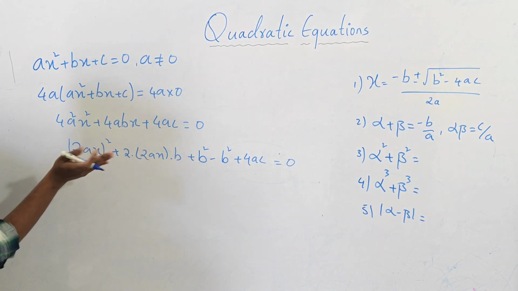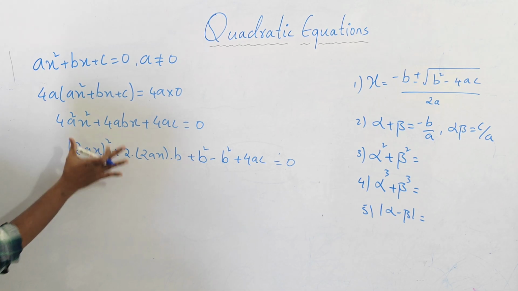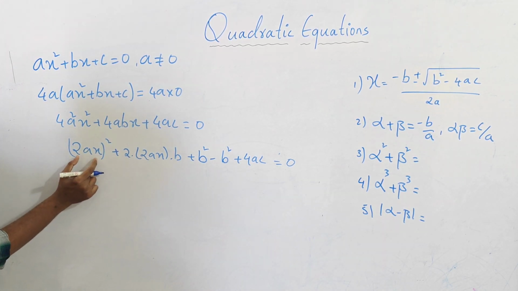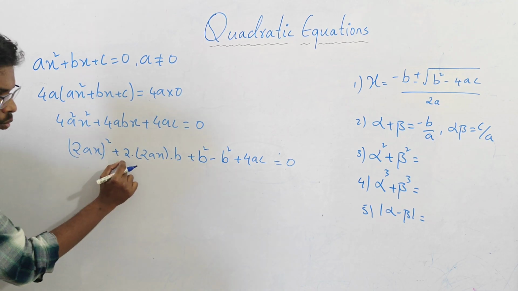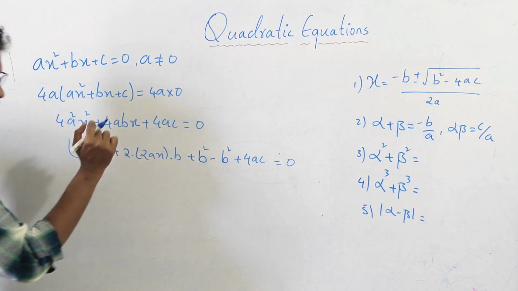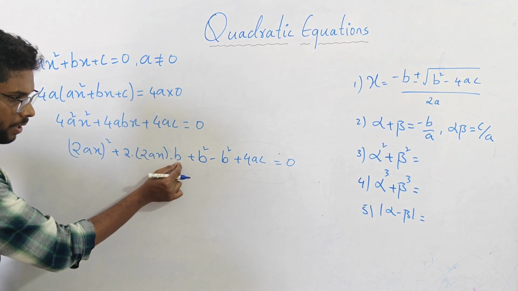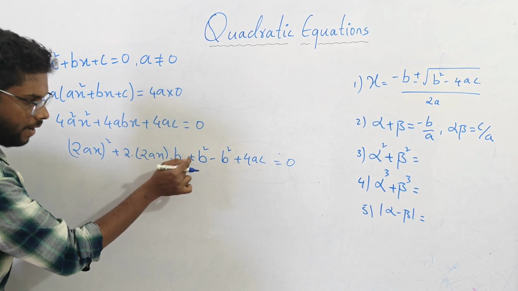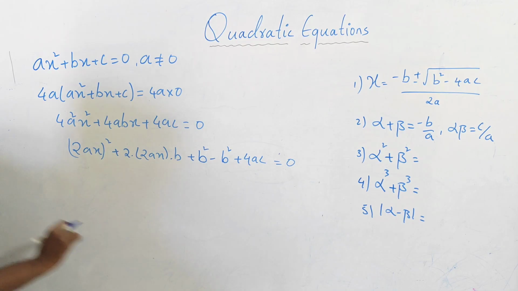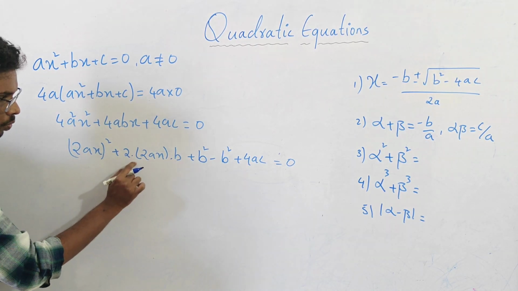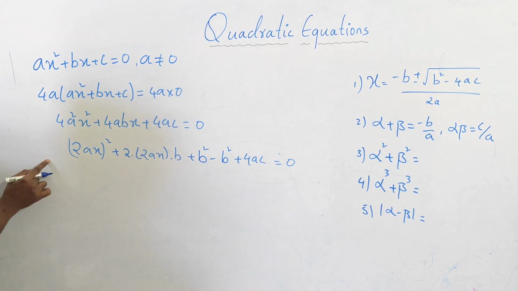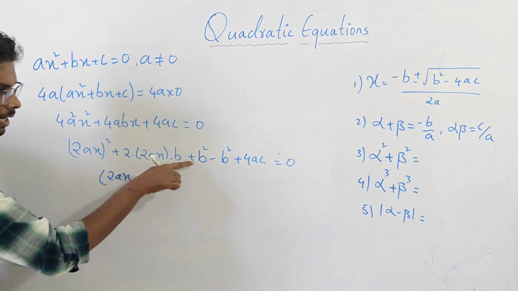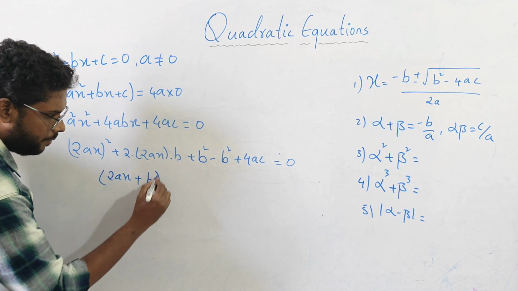I need to write this in the a plus b whole square formula, so that I got a as 2ax, I got 2ab, but I don't have the b square part. So I have added b square and subtracted b square. Now this will become a square plus 2ab plus b square, nothing but a plus b whole square. What is a? a is nothing but 2ax, plus, what is b? b only, this represents the whole square.